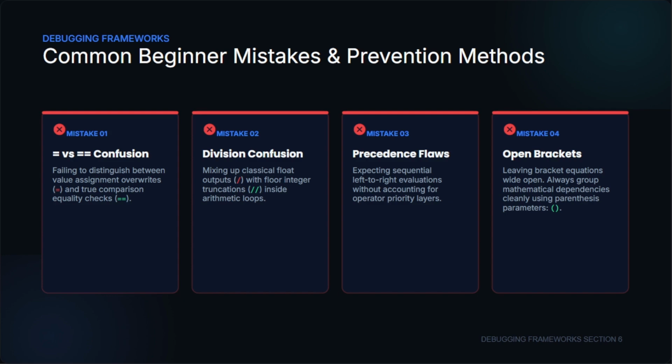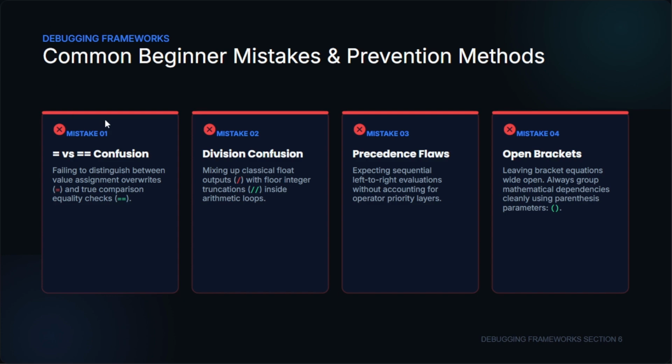Then the single slash and double slash, that is, the classical float division and the floor division. I have just reminded you in the previous one that the normal slash returns the values after the decimal point, but the double slash doesn't return any values after it.